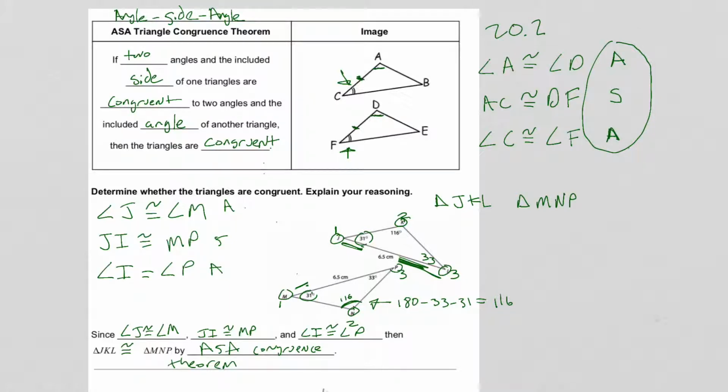And this is just in a lot of ways similar to a legal argument. We're trying to prove a case for congruence, and as evidence, we've cited these three things, and these three things happen to meet the conditions of the angle-side-angle congruence theorem. So we have now proven our case.